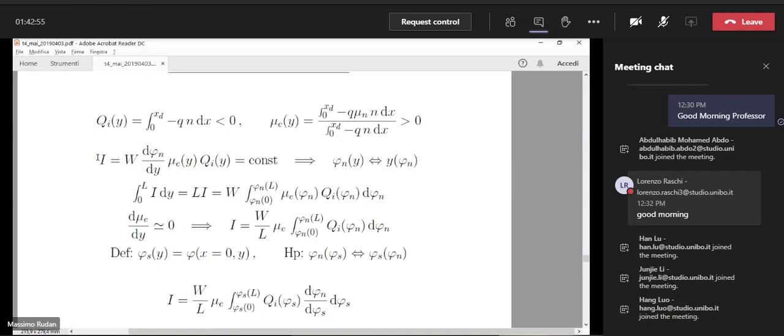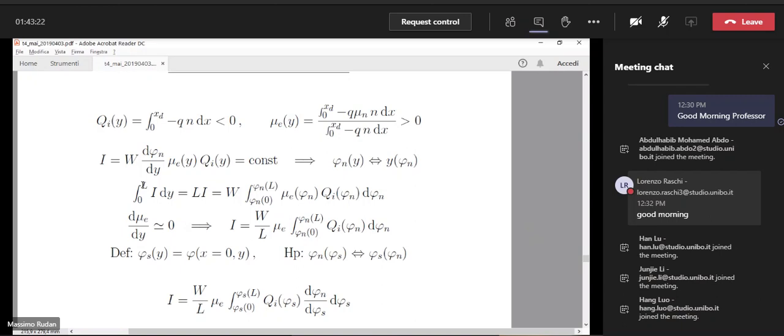After the separation, then we can integrate over the channel both sides of the equation. So the left-hand side is I dy, and we integrate it over the channel, meaning that y goes from 0 to L. L is the electric channel length that we already introduced.